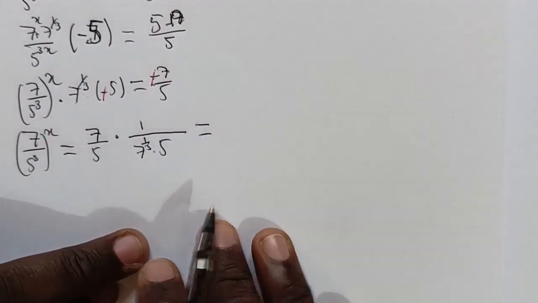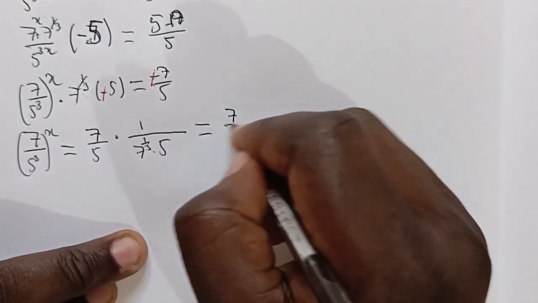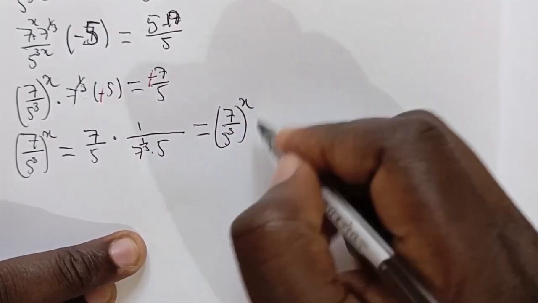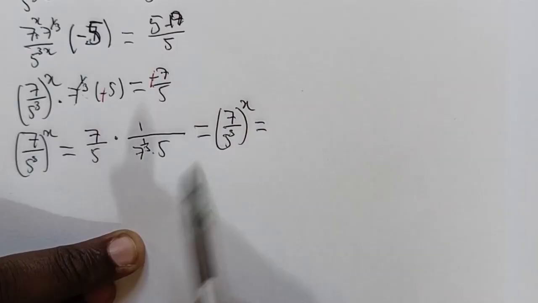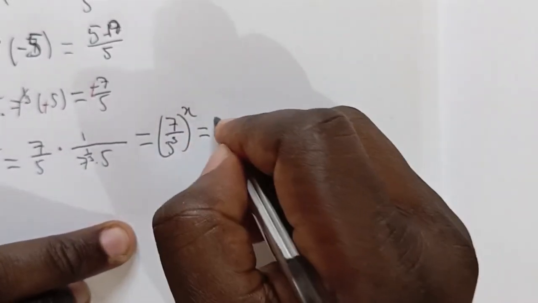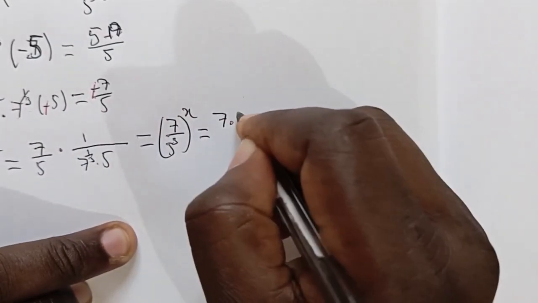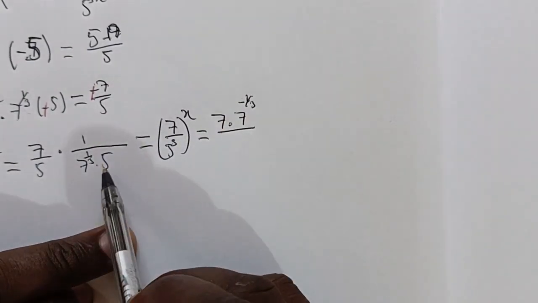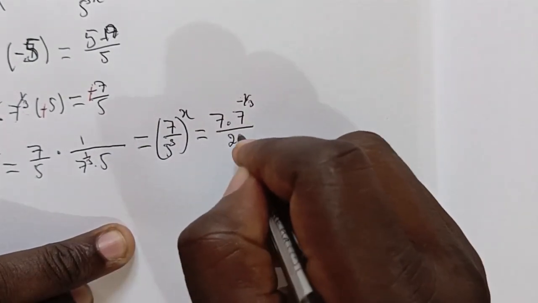This is 7 over 5 to the power of 3 raised to x. This is equal, I have 7 times 7 to the power of minus 1 over 3 divided by this 5 times this, that is 25.